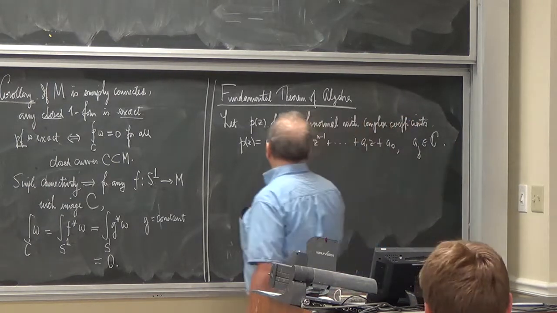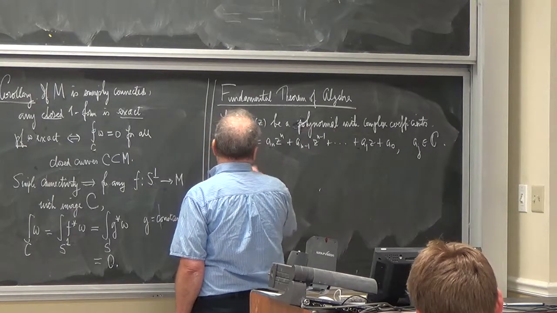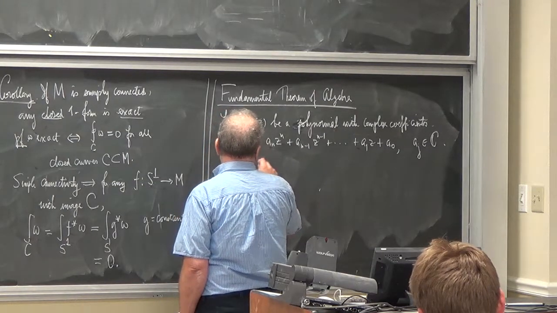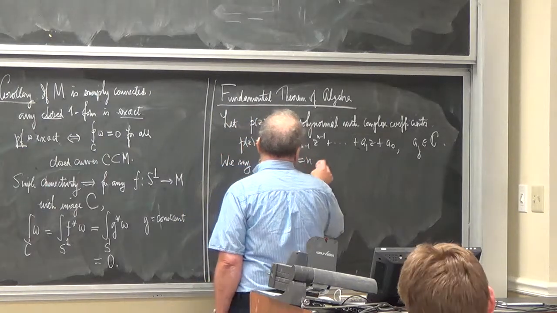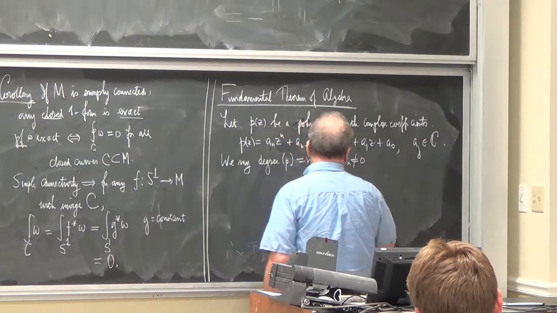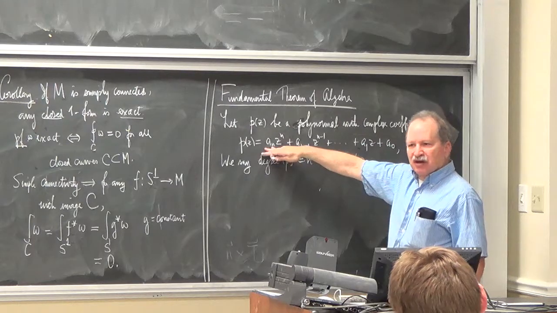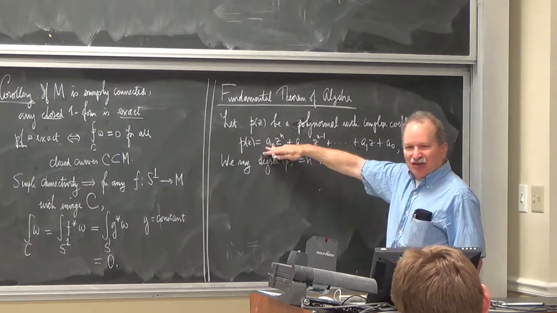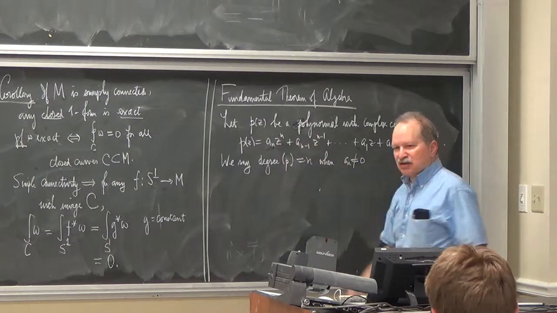So we say the degree of P is n when a sub n is not 0. You write it out, no higher powers appear, and you make sure that the highest power that I've written down really appears. And then that's the degree of the polynomial.